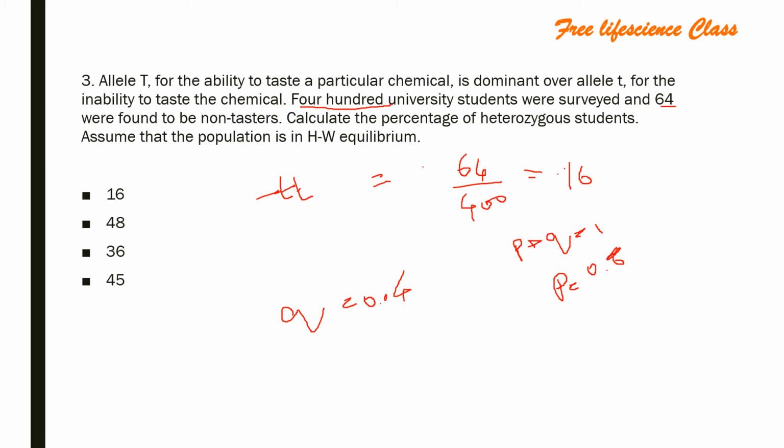In this question it is asked to calculate the percentage of heterozygous, so we have to calculate 2pq. It is very simple. We have to multiply 2 into 0.4 into 0.6.